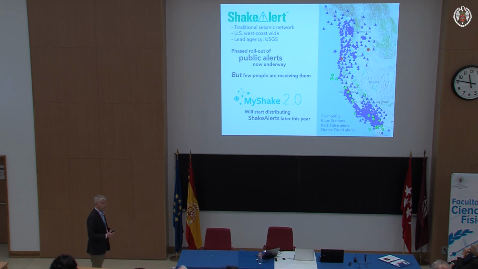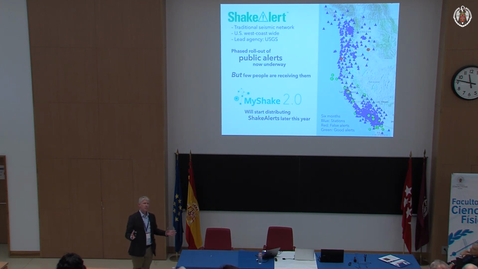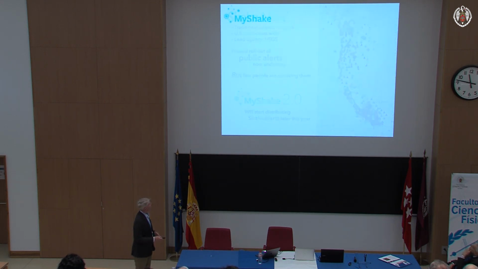So that's the goal, that we roll out MyShake 2.0. In some regions, we can immediately start delivering alerts if they're being generated in the western US. And then we want to start delivering alerts in other regions where we have enough density of smartphones to be able to detect the earthquakes and generate the alerts.